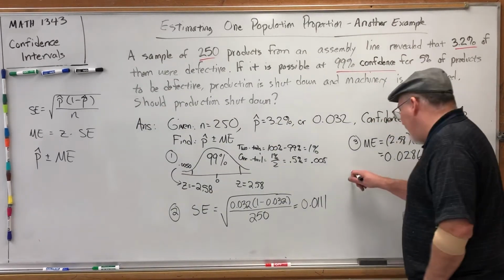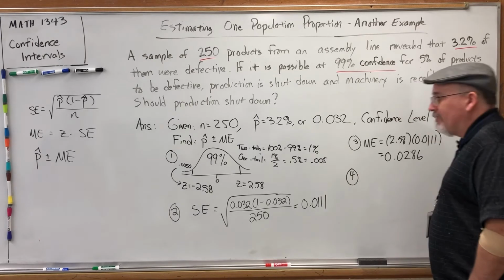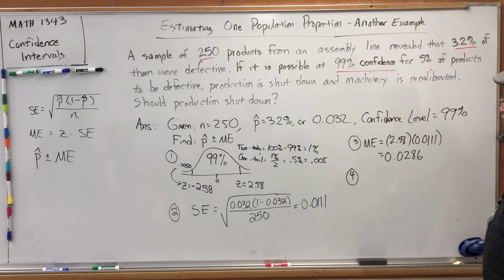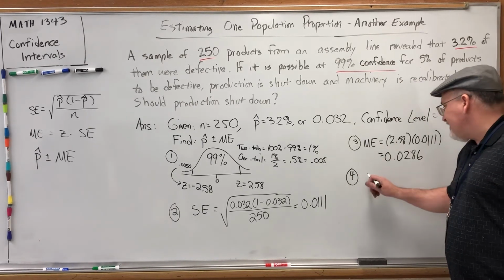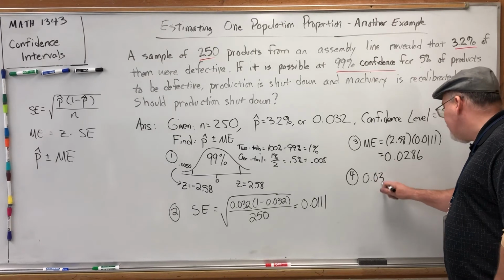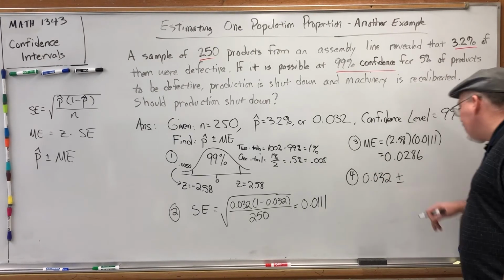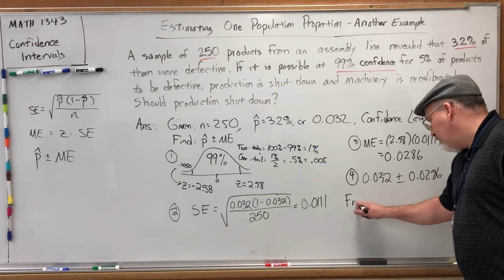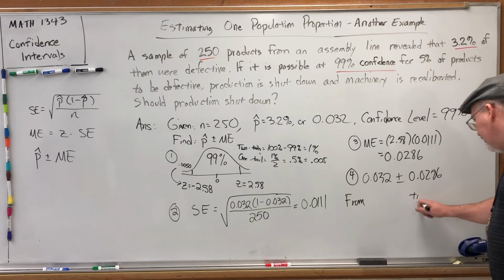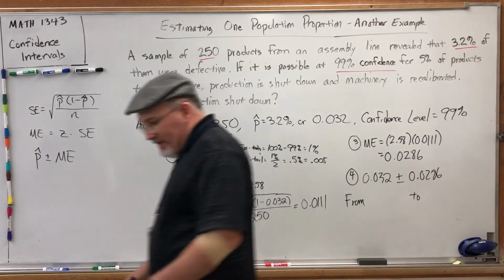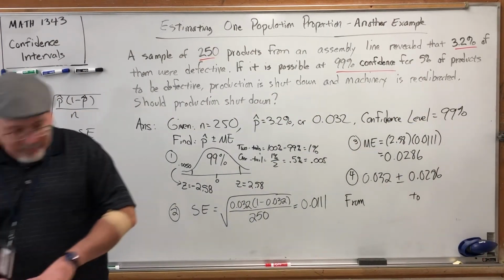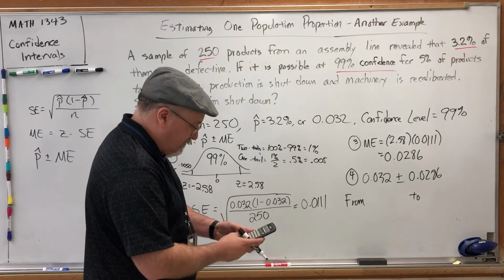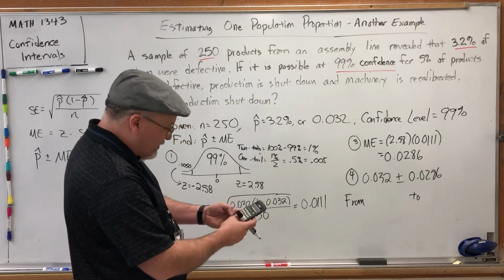And finally, step 4. To create our interval, we simply take our p hat, which was 3.2%, or as a decimal, 0.032, plus or minus our margin of error, 0.0286. And let's see what that turns into. Do the subtraction, do the addition.